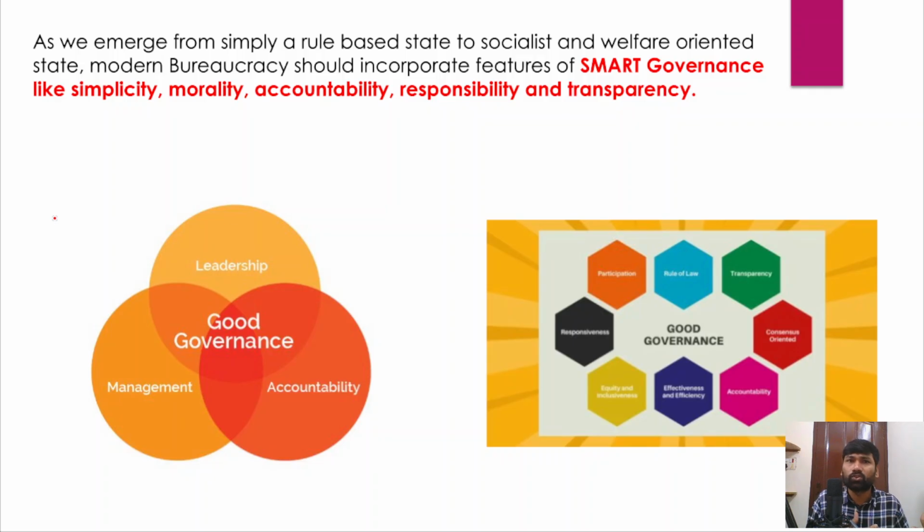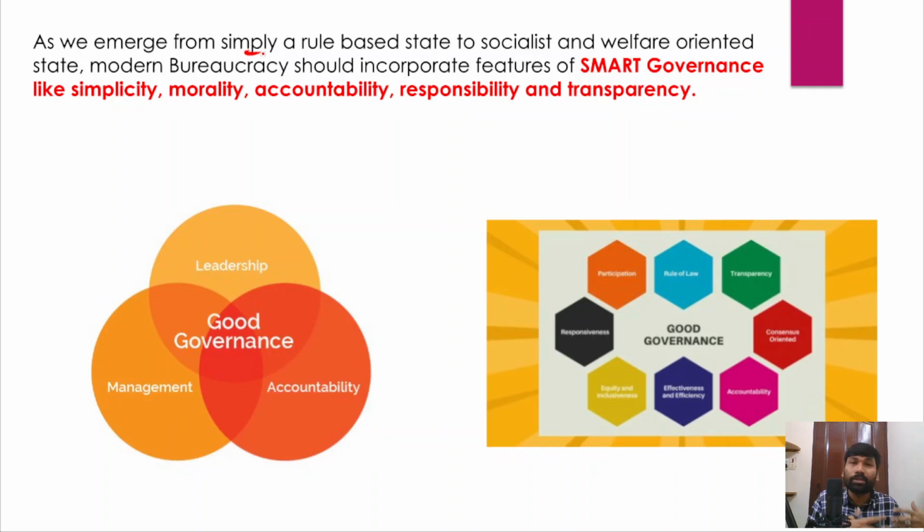And in conclusion, you can write that we have emerged from a simply rule-based state to a socialist and welfare-oriented state. Now, earlier the Indian bureaucracy was known as a hierarchical bureaucracy, and in fact it is a rule-based bureaucracy. It is very objective in the sense that it strictly follows rules and regulations.